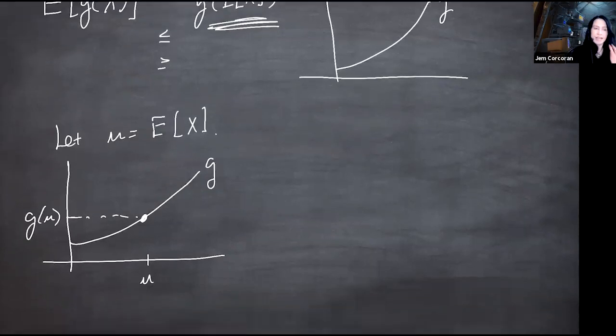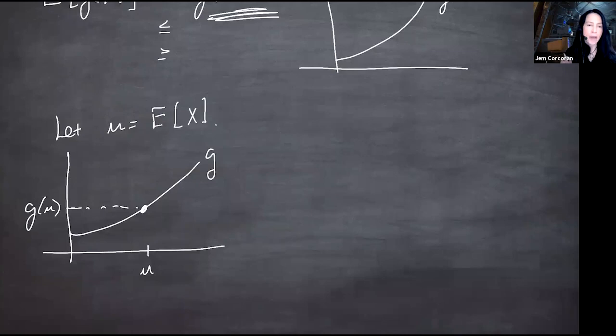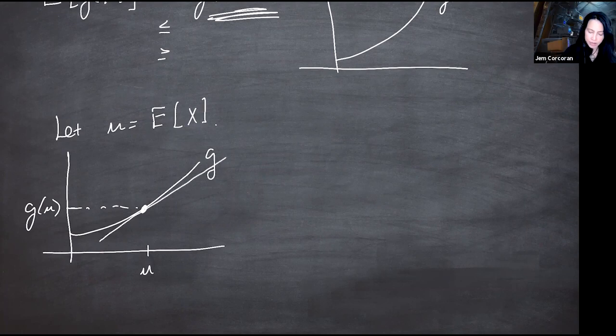And if I look at a tangent line to the curve at that point, by convexity, the curve is always going to be above this tangent line. So this is a tangent at x equals mu.